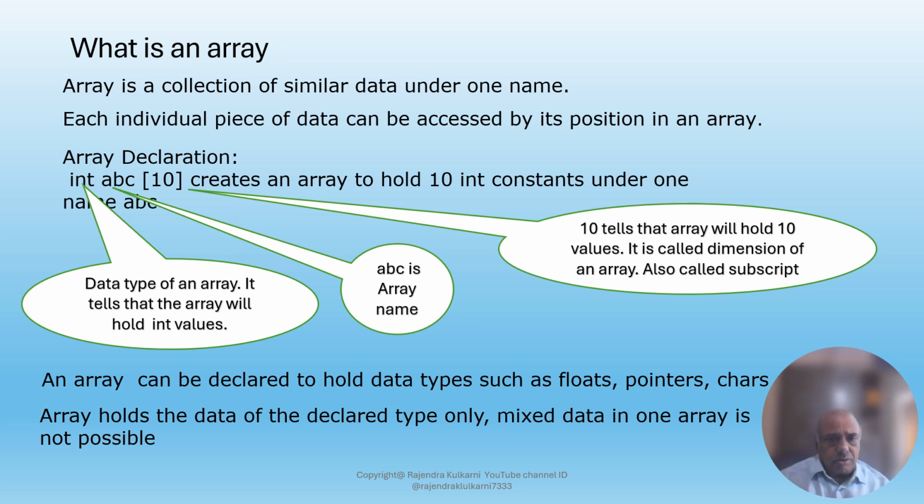An int array will always hold int constants. A float array will always hold float constants. A char array will always hold char constants, and a pointer array will always hold pointers. A mix of these data in one array is not possible.